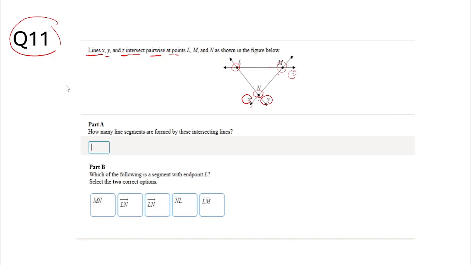How many line segments are formed by these intersecting lines? Okay, before we answer this question, let's define something. We have something called line, or straight line.